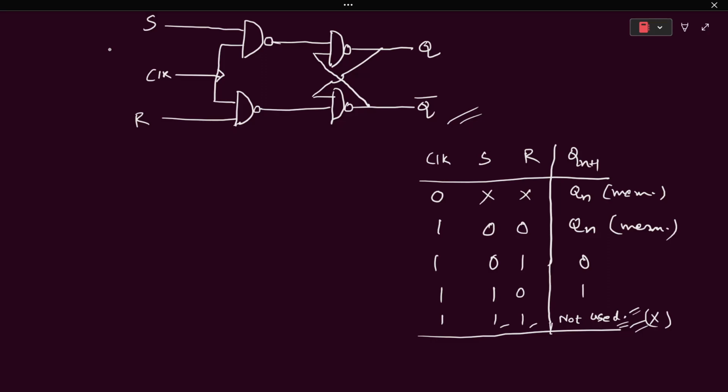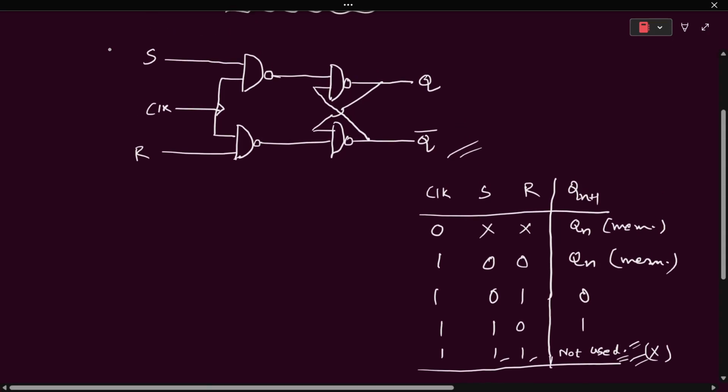Now we will learn how to build a JK flip-flop using an SR flip-flop. The process is quite simple and easy. What will we do? We just make the 2-input NAND gates into 3-input NAND gates. So what will be the other inputs? See, Q is fed back into the input of this NAND gate.